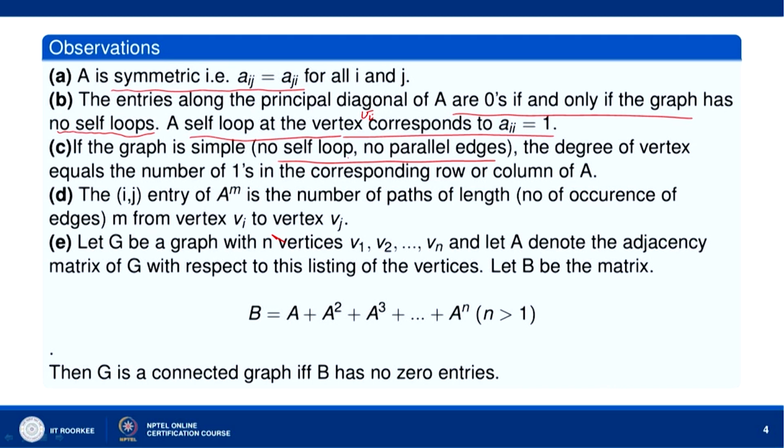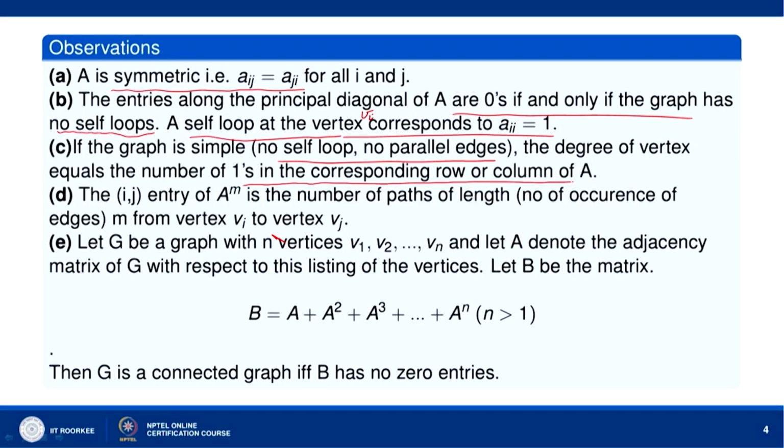Because if there is no self loop or no parallel edges, then how do we define the degree of a vertex? The degree of a vertex is the number of edges that are associated with that vertex, that are incident on it. So, the number of ones in the corresponding row or column, because the matrix is symmetric, we can count the number of ones occurring in that particular row or column, and it will give you the degree of that vertex.